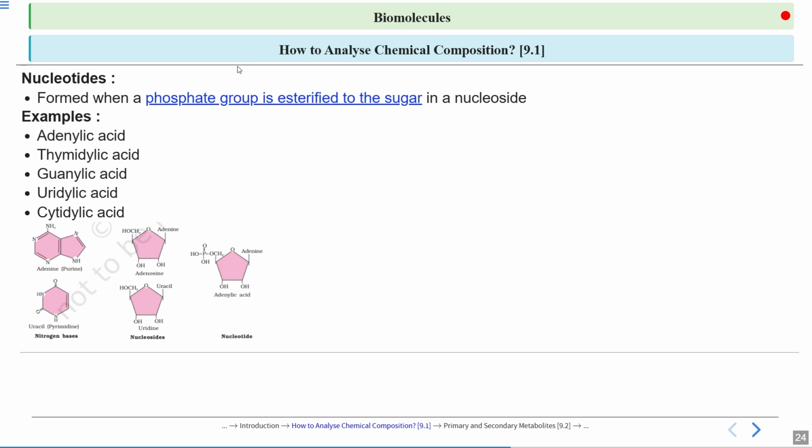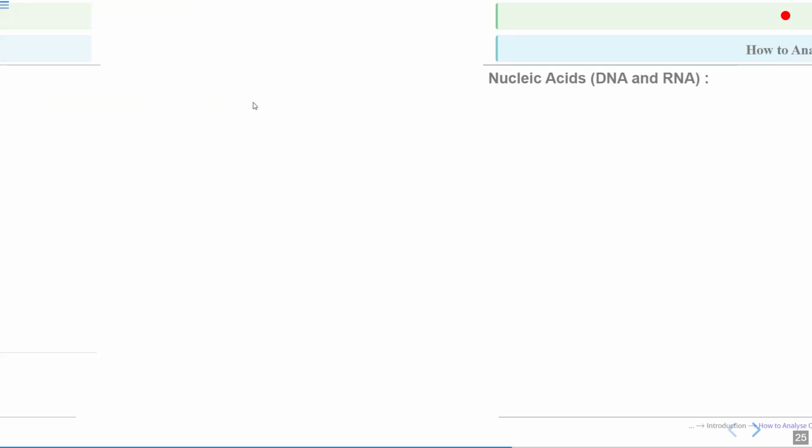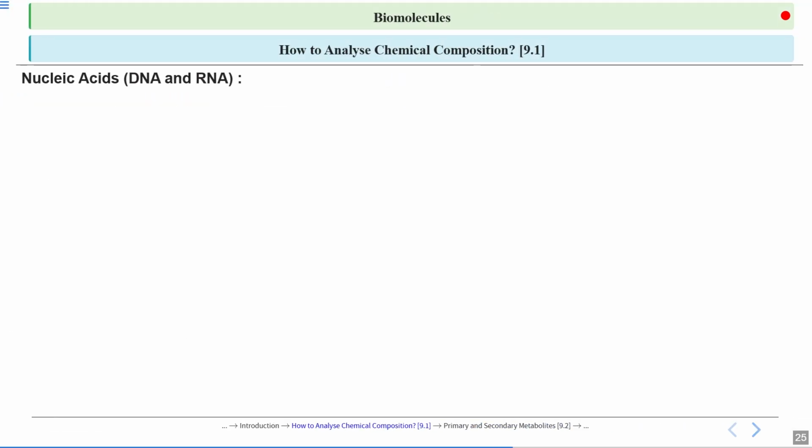Here the phosphate group is esterified to the sugar in a nucleoside, and it also consists of a nitrogenous base. So DNA is a polynucleotide. The nucleic acids consist of DNA and RNA. Clear? So nucleic acid consists of nucleotides only.